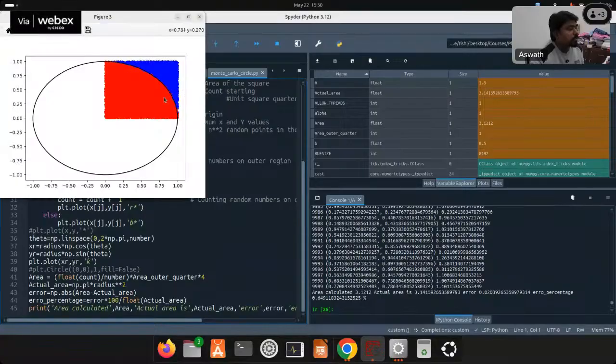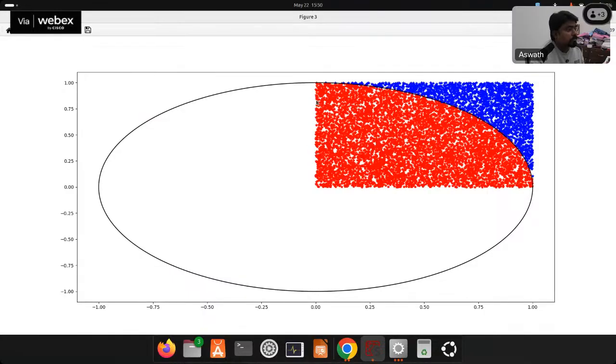You see here, I have taken many points. This is a landscape picture, so you are getting something like an ellipse, but it's not an ellipse. It is a circle. I'll pick a point, and if it falls within the circle, I'll plot it as red. Otherwise, blue, just for geometrical convenience.